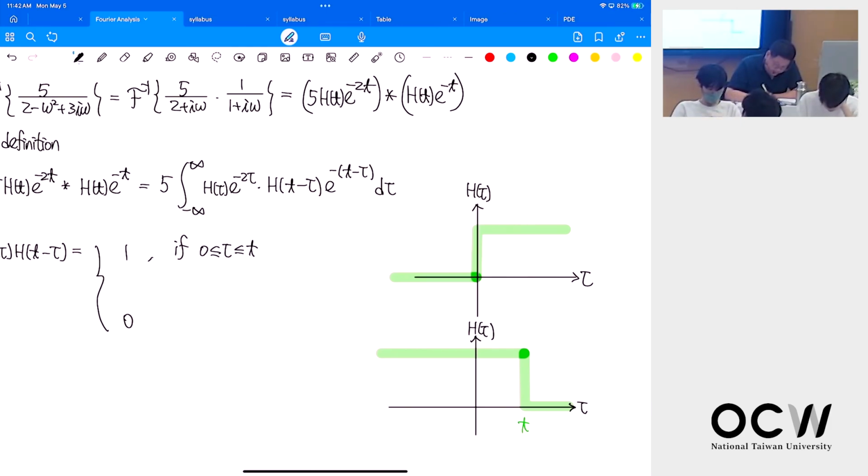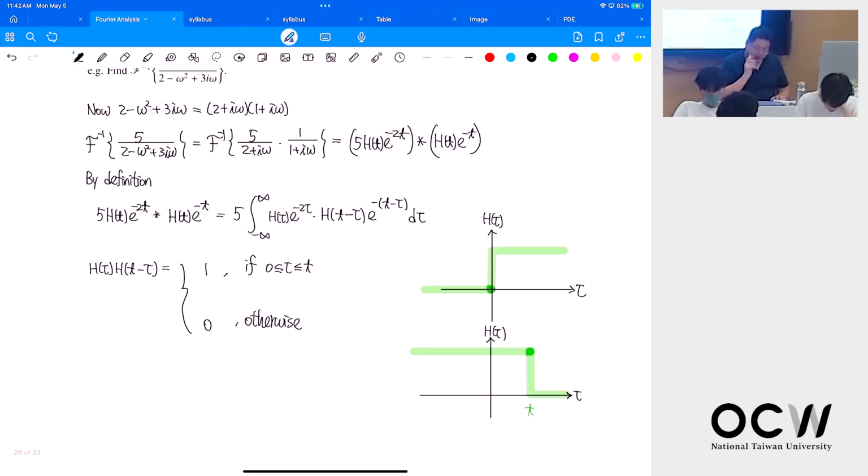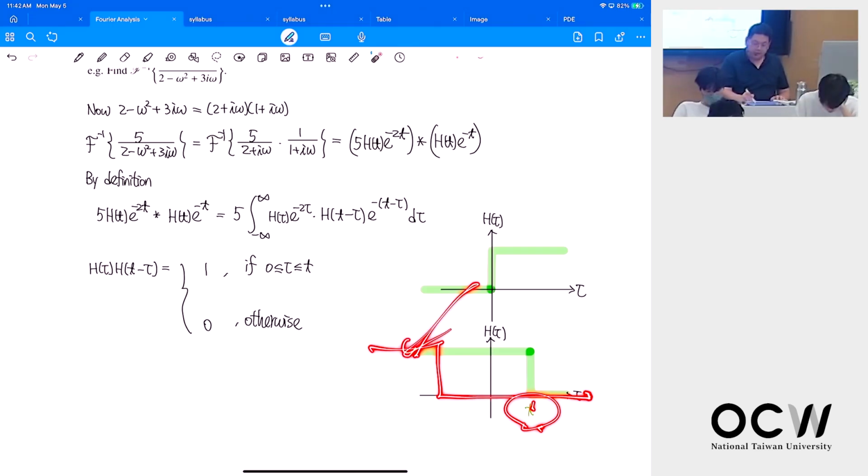Otherwise, it is 0. And you can see that this is the variable t, right? So when t is less than 0 here, then the product is 0.